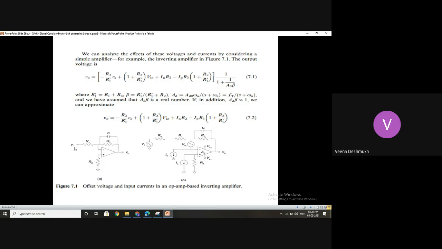Now, here there is a source which is providing you the voltage. To this source, for analysis purpose, the source resistance we consider to be 0. But in practice, this source resistance is not 0. Similarly, there is the input resistance to the inverting terminal, R1.